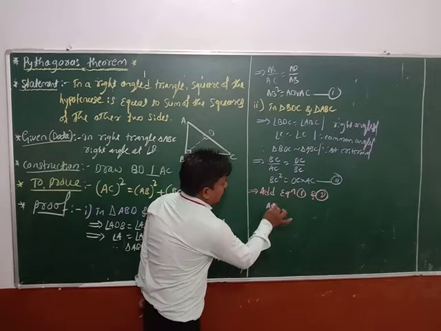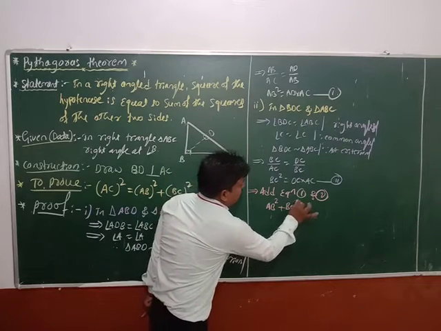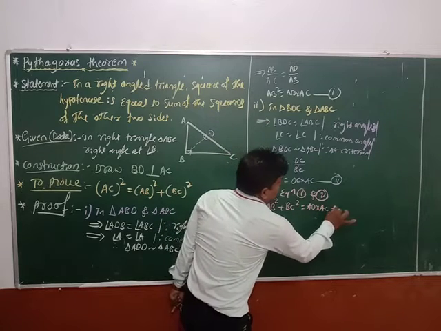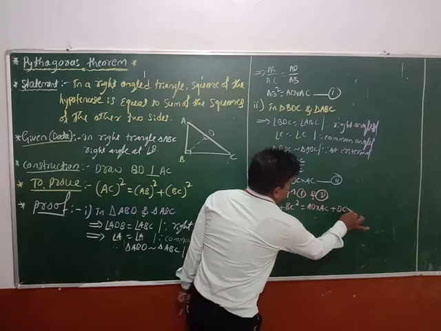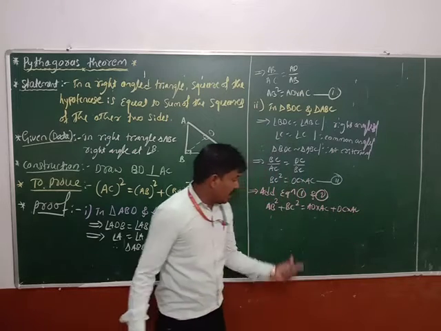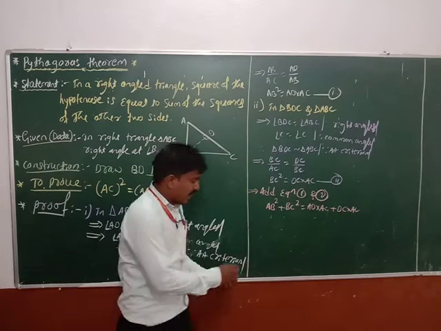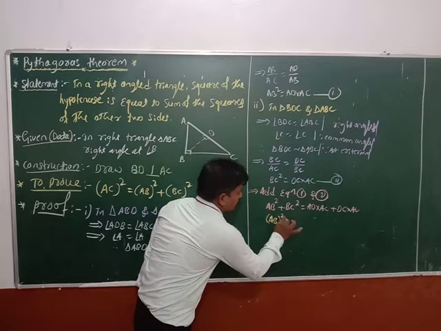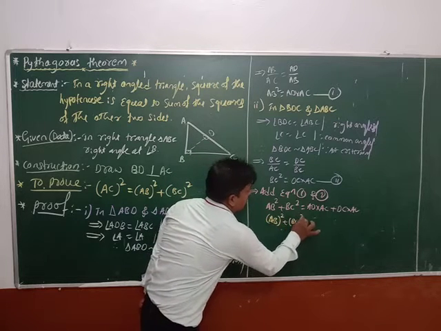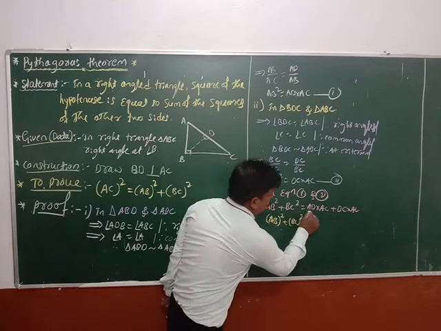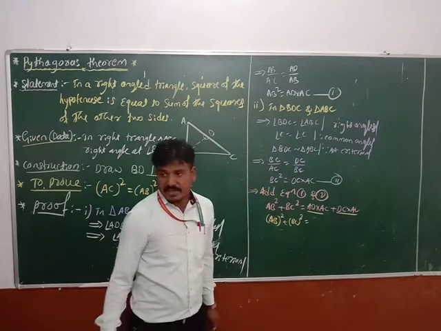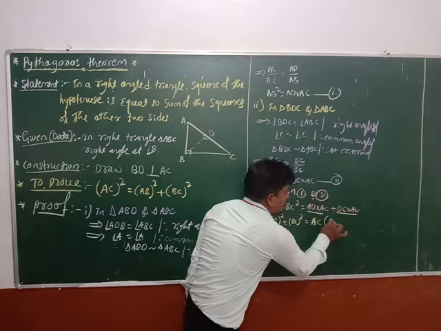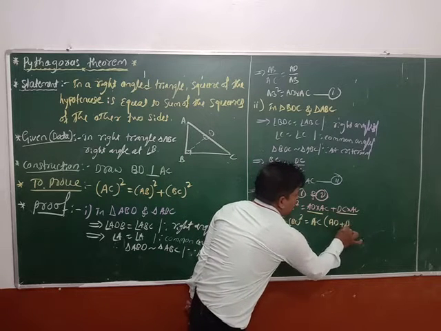Therefore, AB square plus BC square is equal to AD into AC plus DC into AC. On the left side it stays the same. On the right side, AC is common, so take AC outside the bracket: AC into the bracket of AD plus DC.